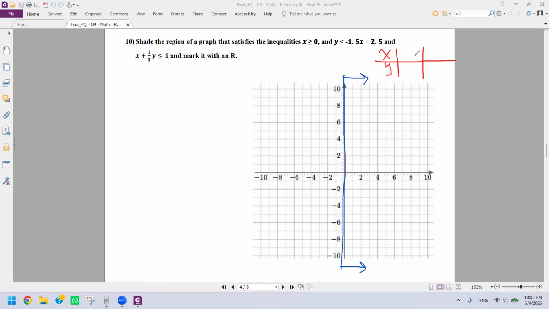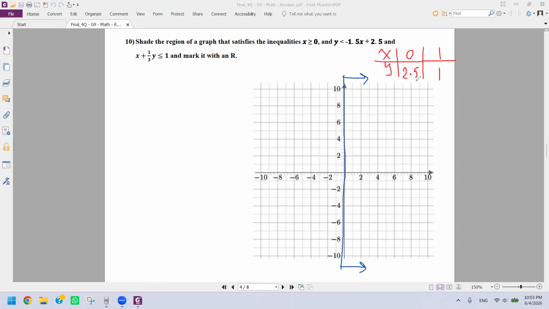First, let's use x equal to 0 and 1. When x is 0, minus 1.5 times 0 is 0. What is left is 2.5 for y. When x is 1, it's minus 1.5 plus 2.5, so 2.5 minus 1.5 is 1. You have a calculator, you can use it.